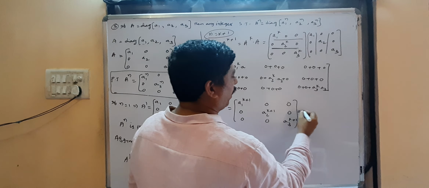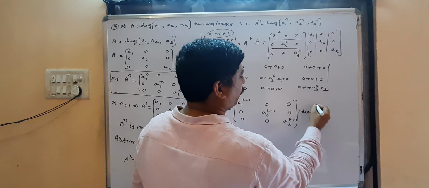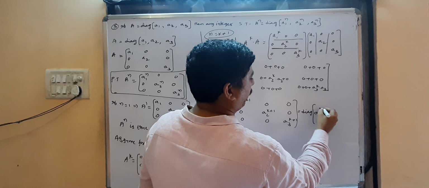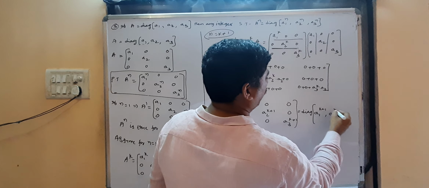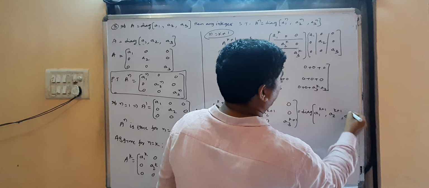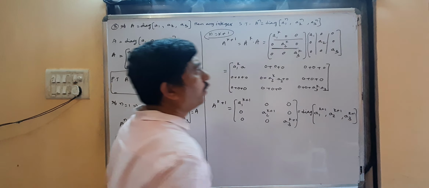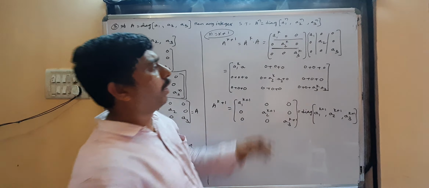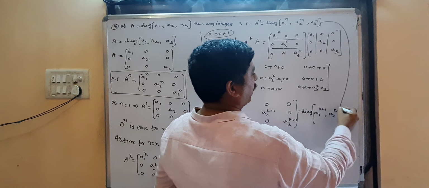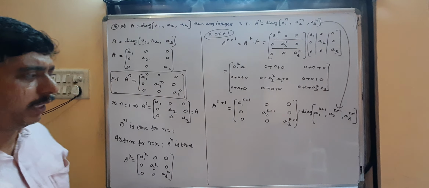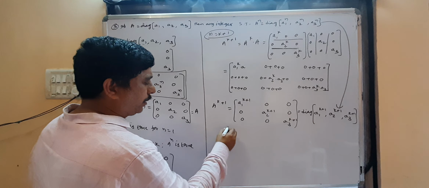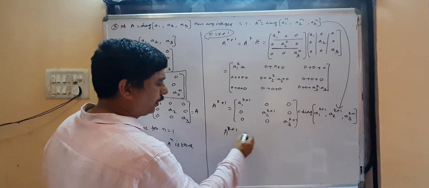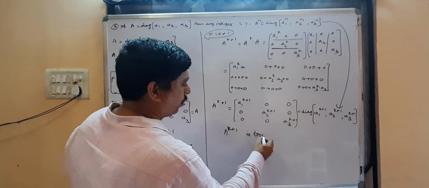So this is the diagonal of a1 power k plus 1, a2 power k plus 1, a3 power k plus 1. That means in place of n you have k plus 1, it is satisfied. Hence A power k plus 1 is true.